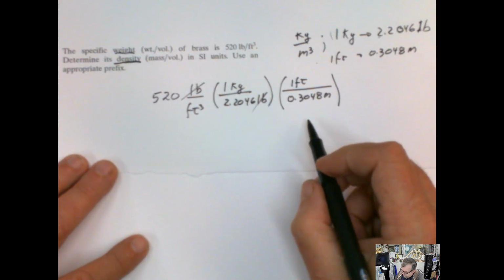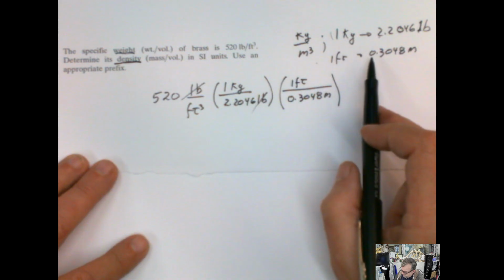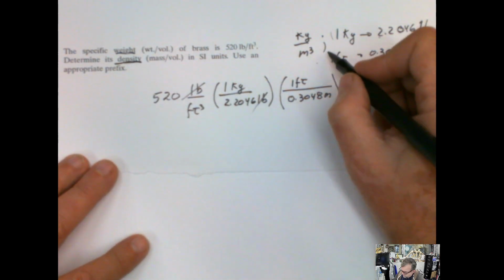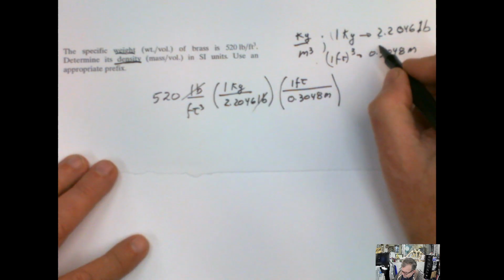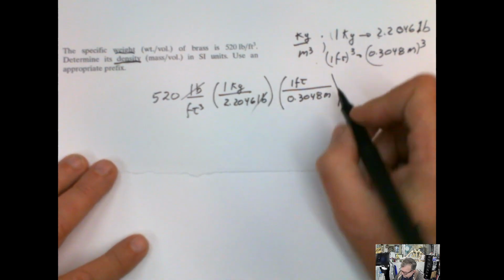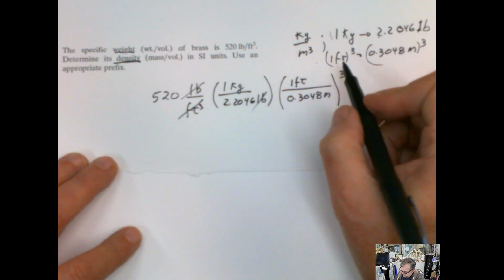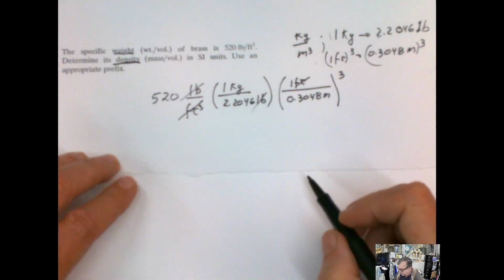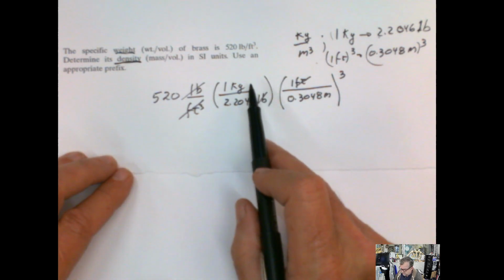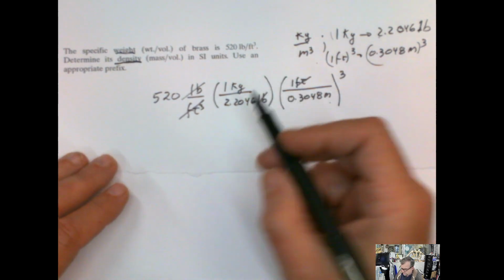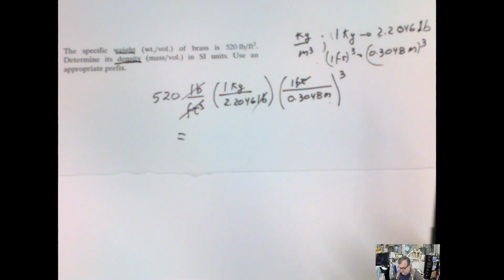However, I have to go from cubic feet to cubic meter, so I have to cube this as well. So I'm gonna cube it right there. And now this cubic feet is gonna cancel with this cubic feet here, and my answer will be in kilogram per cubic meter. How much is all this mess that I put over there?